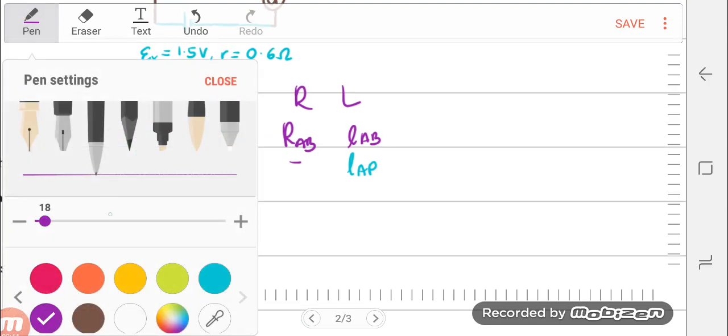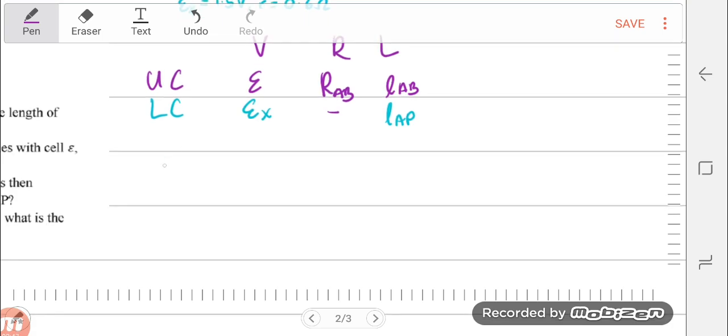Now let's do the calculation. I take the V and the L, since we have insufficient information about R. So EMF over EMF X equals LAB over LAP.